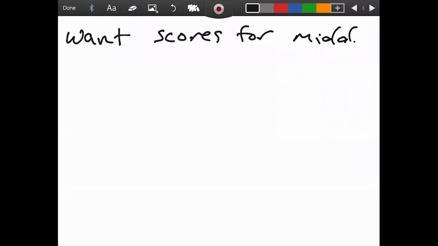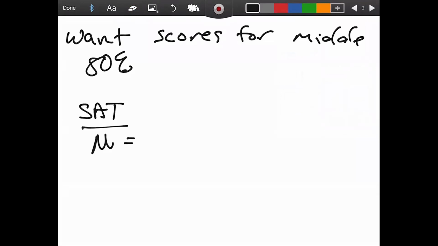All right. So let's talk about some things we know here. We want the scores for the middle 80%, right? We also know that the SAT has a population mean of 500 and a population standard deviation of 100.